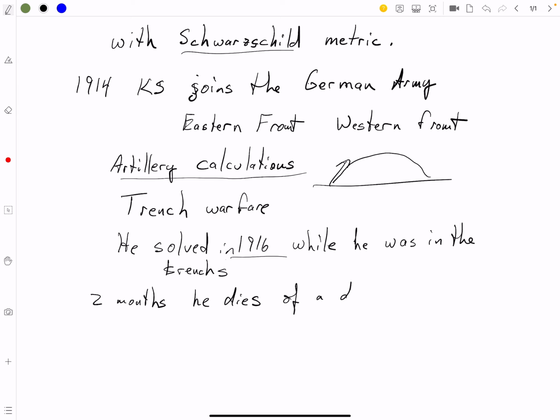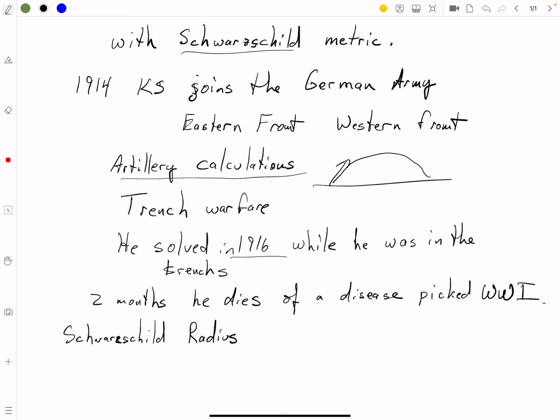But it's certainly a disease that he picked up in World War I. So, I don't know if you guys have heard about it, but there's this thing called the Schwarzschild radius.